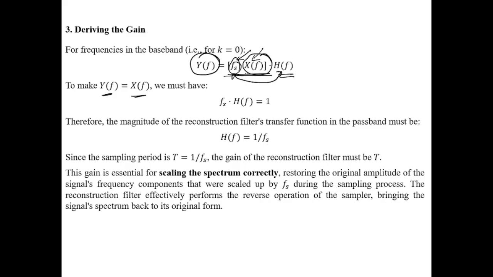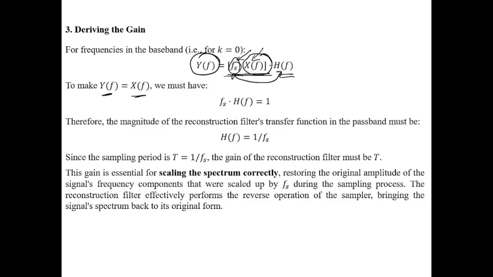Are you getting my point? We want Y(f) equal to X(f). Why do you want that? Because whatever has entered into your digital processing system, you have just processed it and you want the same signal over here, unless you are providing some gain within the digital filter. Filter means basically the removal of the frequency components.